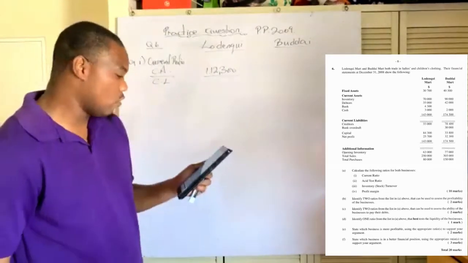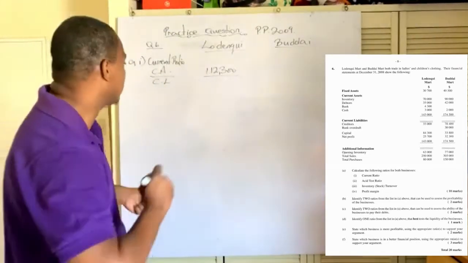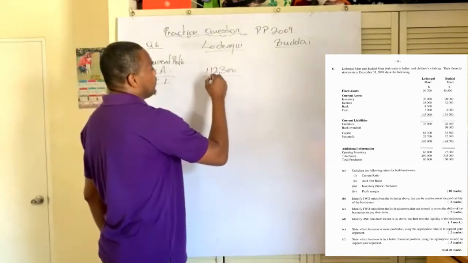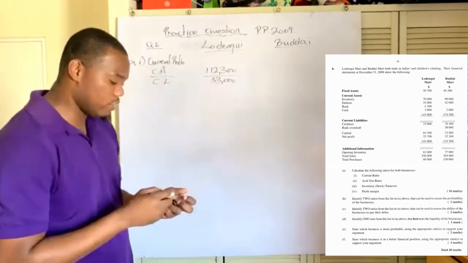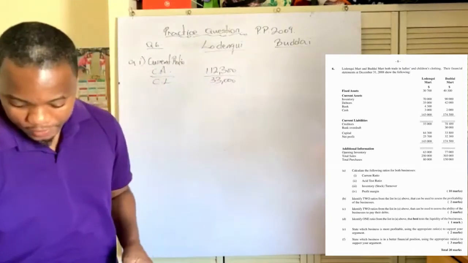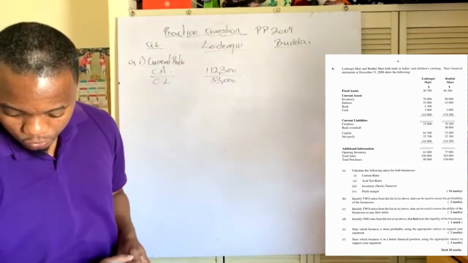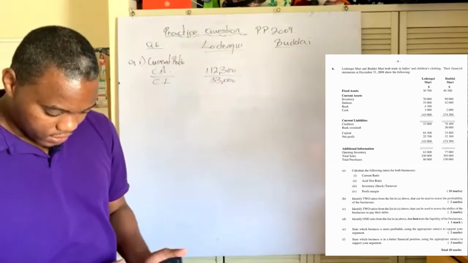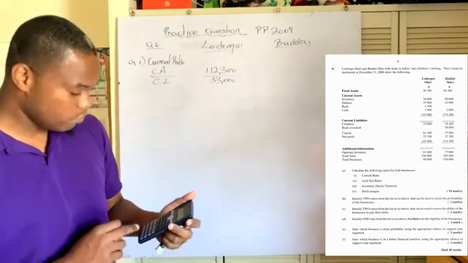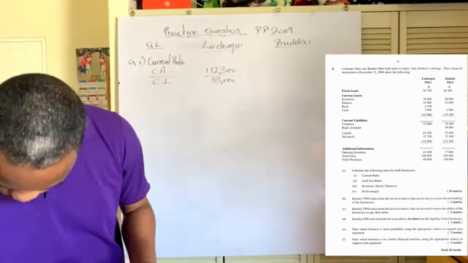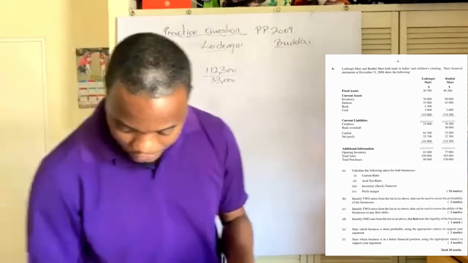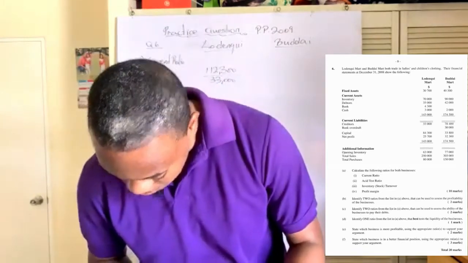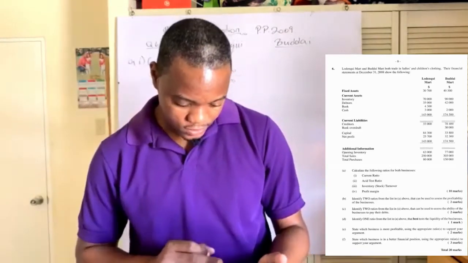Let's calculate the current liabilities now. For Lodenki, 33,000, because Lodenki only has one current liability. Let's look at Budai now. His current assets would be 90,000 for inventory, 42,000 for debtors.